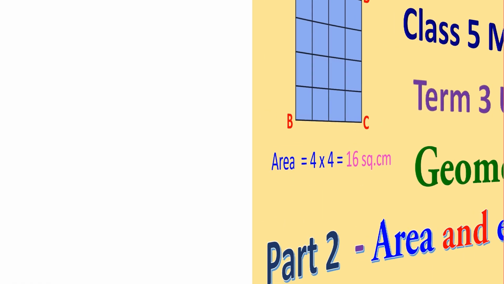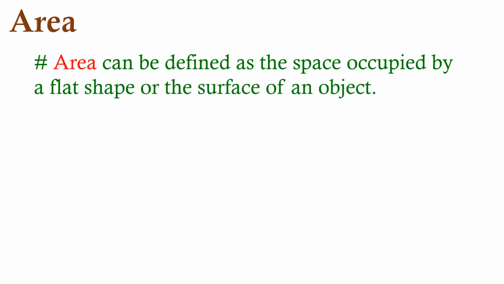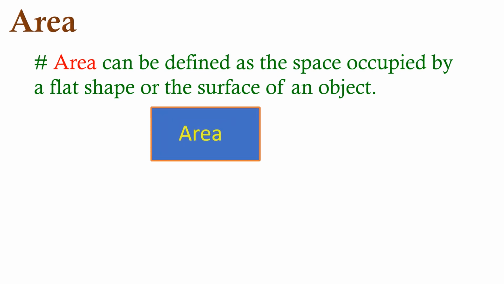First we will see what is area. Area can be defined as the space occupied by a flat shape or the surface of an object. See here, there is a 2D shape. The total distance around this shape is called its perimeter, and the space occupied by this shape is called its area.